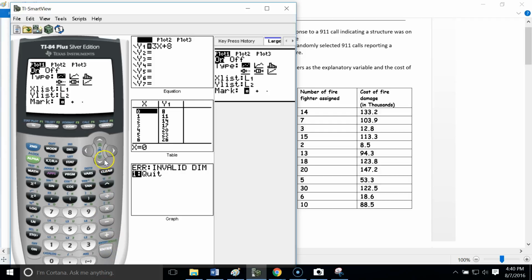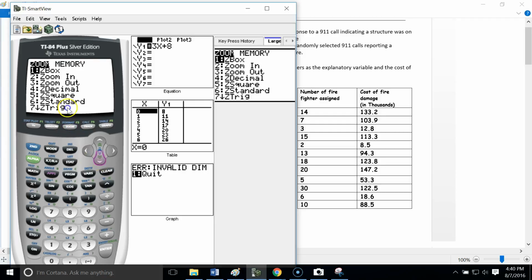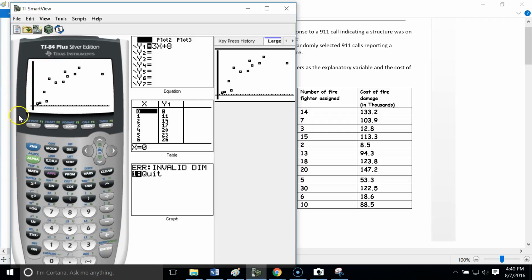Hit enter. And then I want to tell it where the x and y coordinates are going to be. List 1 and list 2 is where they are, so this is good. Next, I'm going to hit zoom, and then I want to scroll down to the 9th option, zoom stat. Enter, and there they are. There's my scattergram.